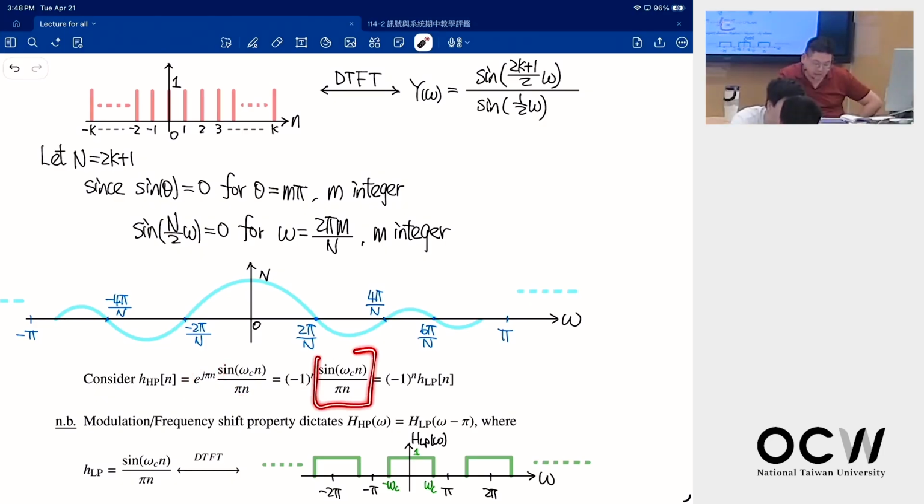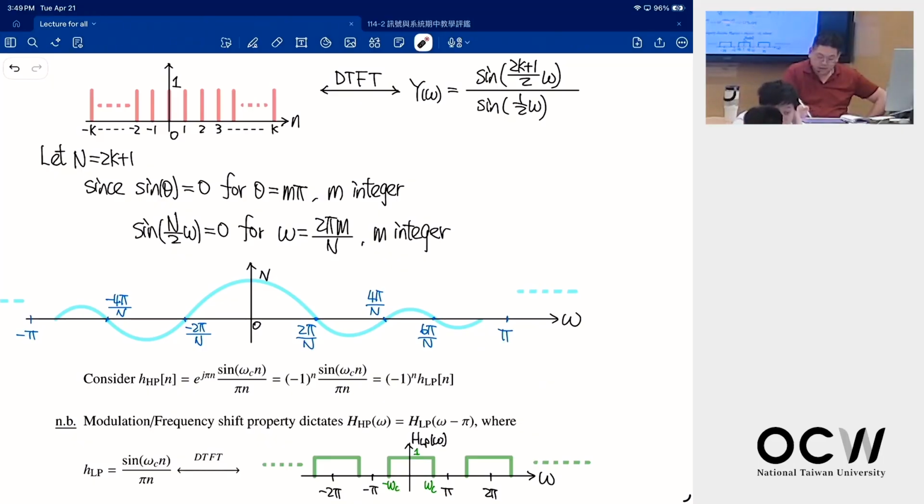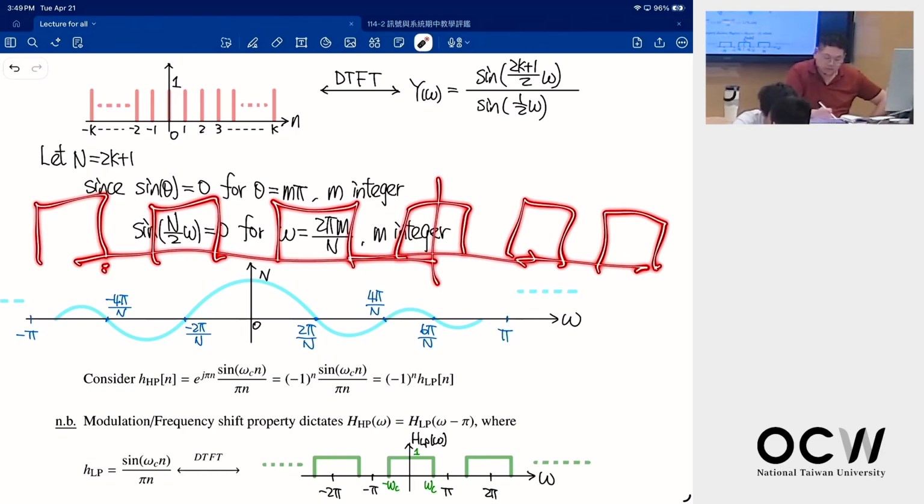This is the low pass filter. You can think about that low pass filter is a sinc function. That's in time domain, because in frequency domain here. That's why it is low pass filter. But for the high pass, they just shift. Okay, kind of like modulation, a shift to the right. And actually in frequency domain it is periodic, so that's why you will see this rectangular in period.